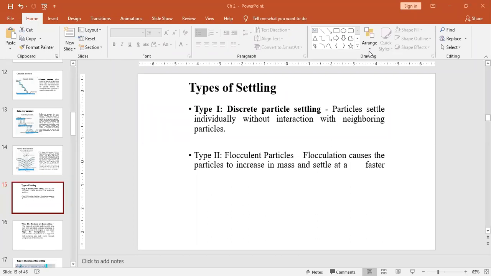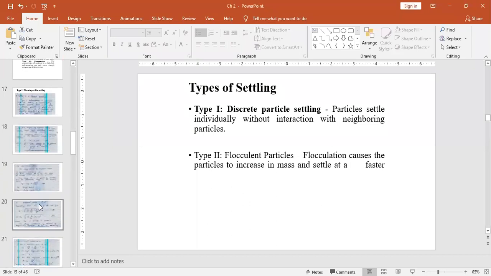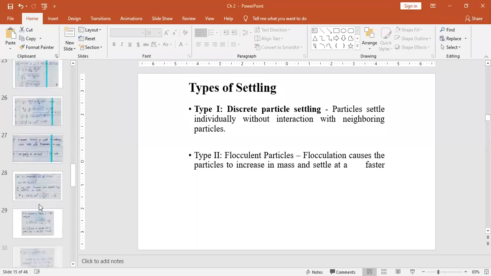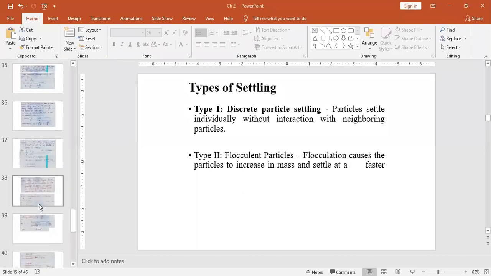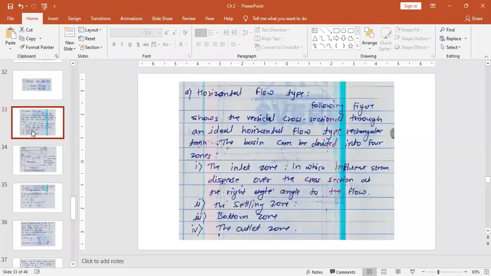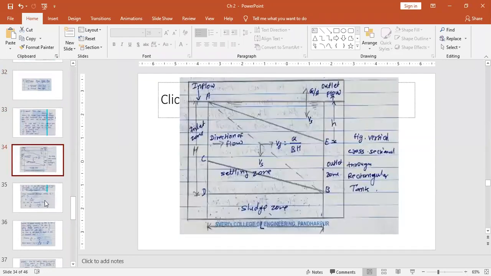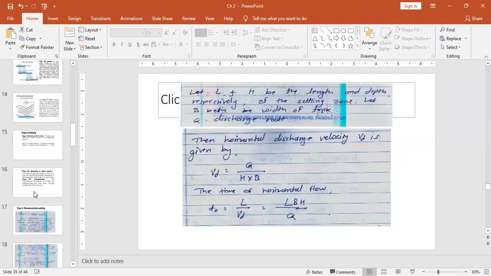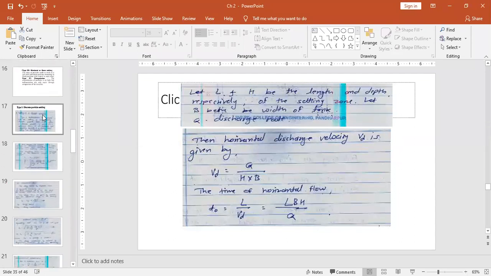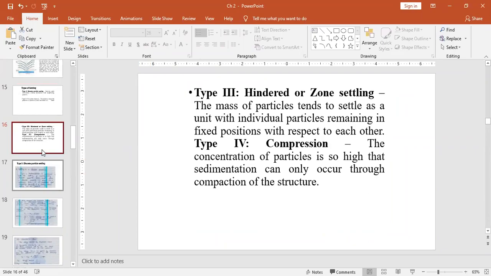The first one is plain sedimentation. Let me check whether I have added the figures of plain sedimentation or not. I have started discrete particle settling and then horizontal types of settling. We'll cover it, no problem. I will explain.